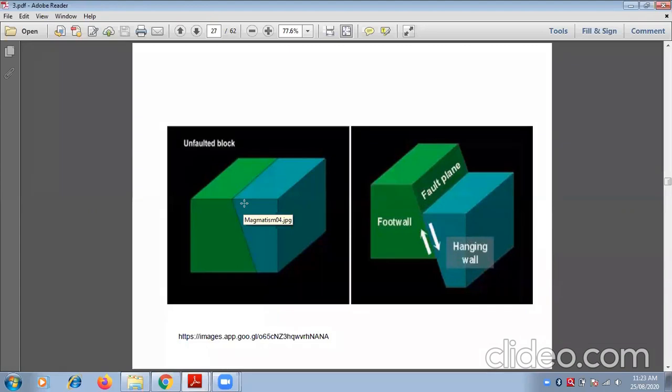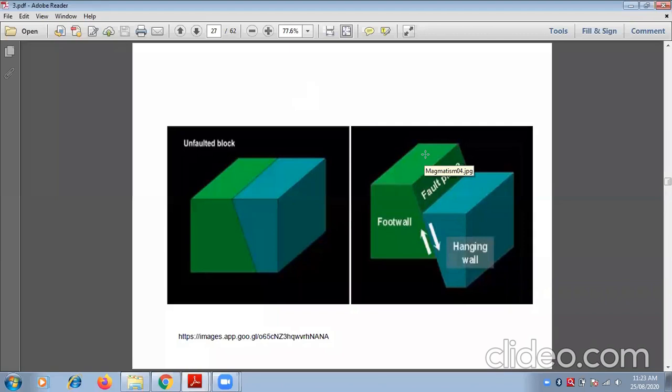They are united with each other. In the right hand side diagram, both the blocks are displaced from each other. That displacement in the rock is considered as a fault. The displacement between two blocks in a single rock is considered as faulting.